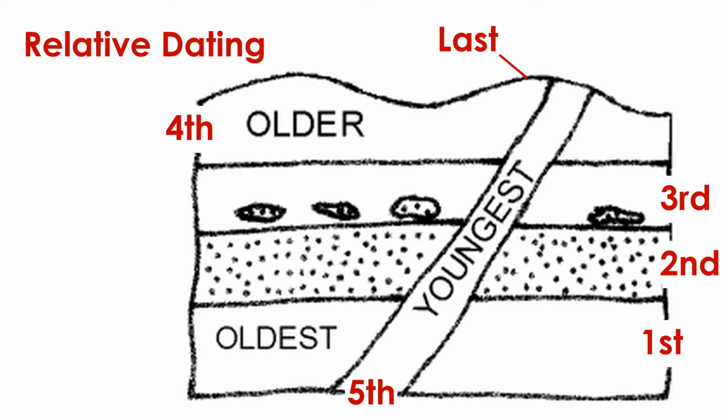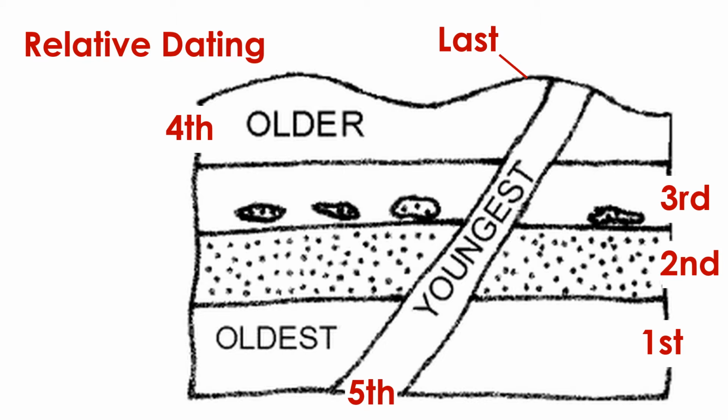In historical geology, there are two approaches to dealing with time. The first approach is called relative dating. It is the science of determining the relative order of past events, such as the deposition, erosion, intrusion, and faulting of rocks.